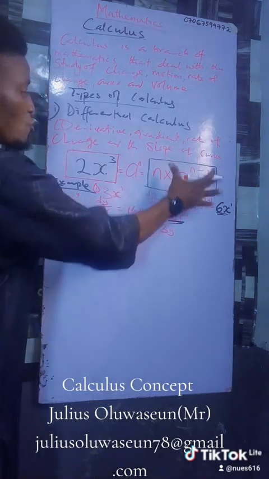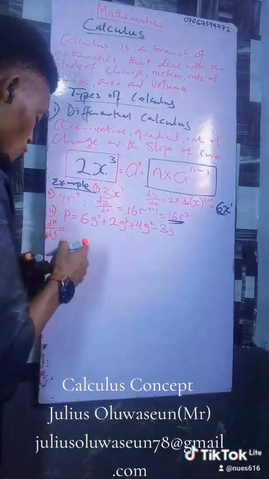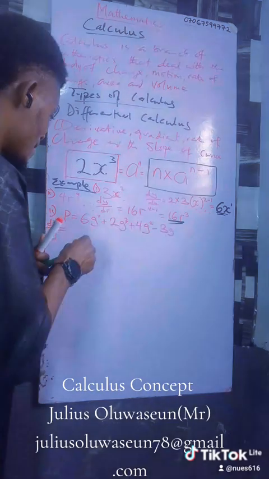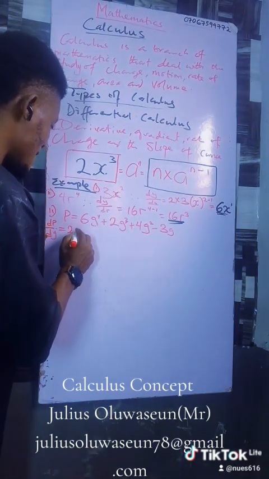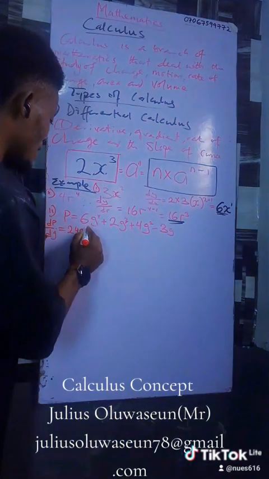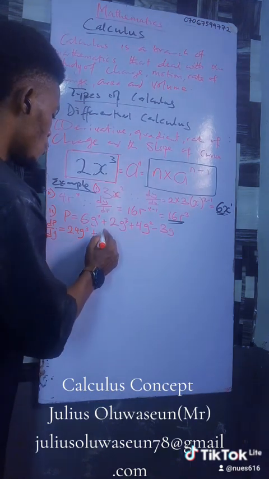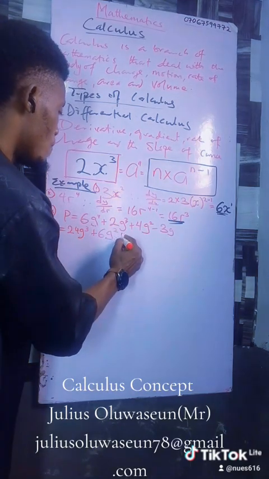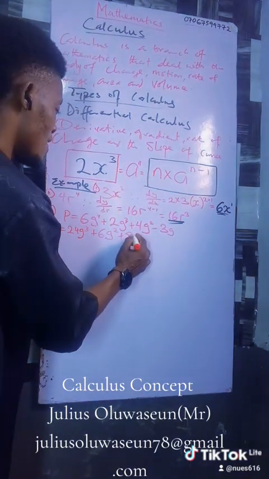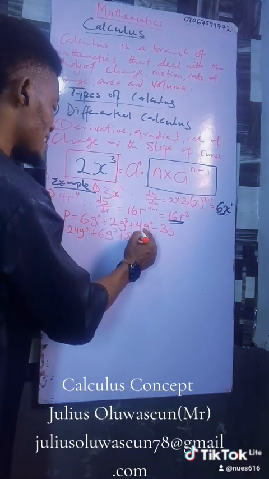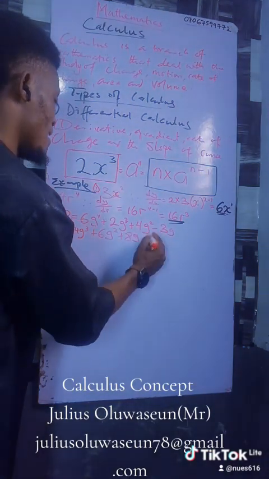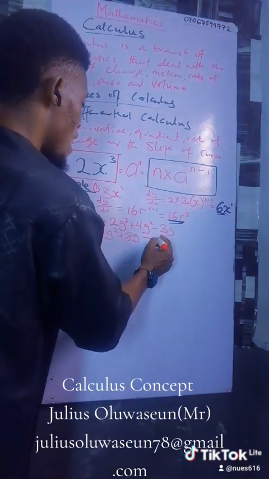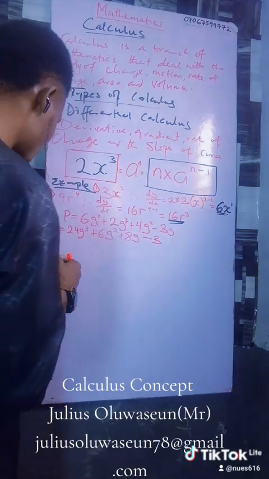Then you follow this process. 4 times 6 gives us 24g power 4 minus 1, which is 3, plus 3 times 2, 6g, power 3 minus 1, that is 2, plus 2 times 4, 8g, power 2 minus 1, that is 1. You don't need to put the 1 there. Minus, there is an invisible 1 here, 1 times 3 gives you 3. So this is the final answer.